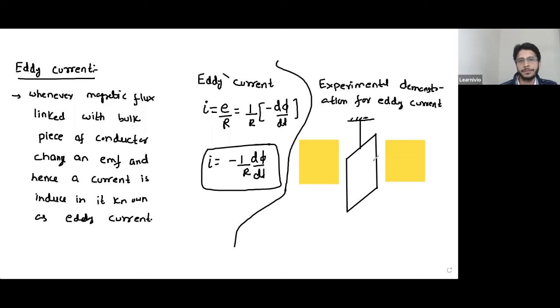It's a metallic plate. So for visualization, you can say that you have two blocks. These are non-metallic blocks, and you take a metallic plate. Say this is a metallic plate, and this plate is oscillating in between the blocks.